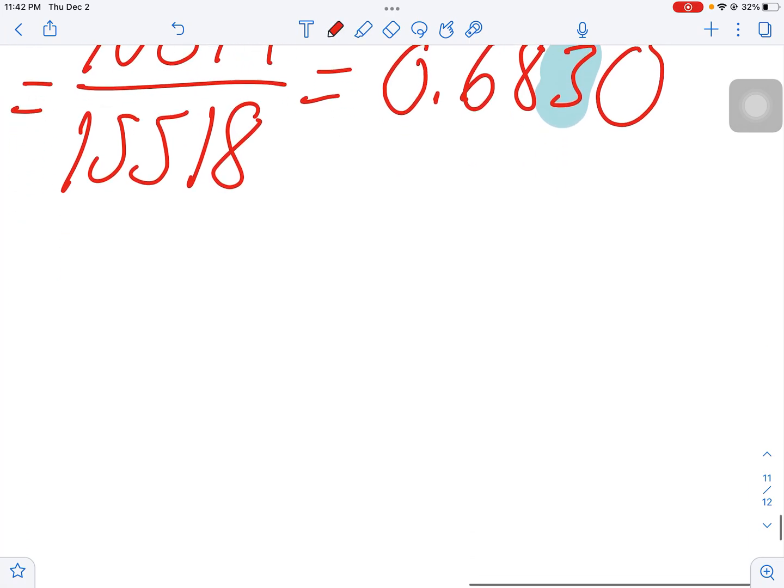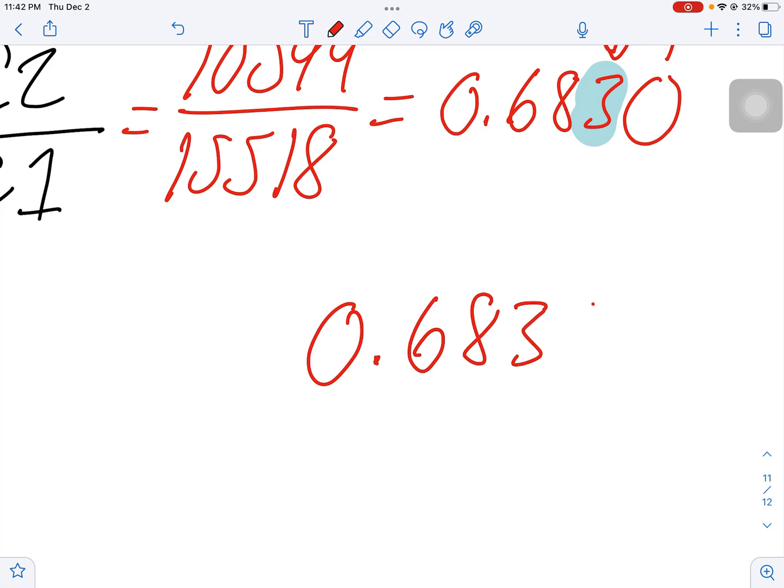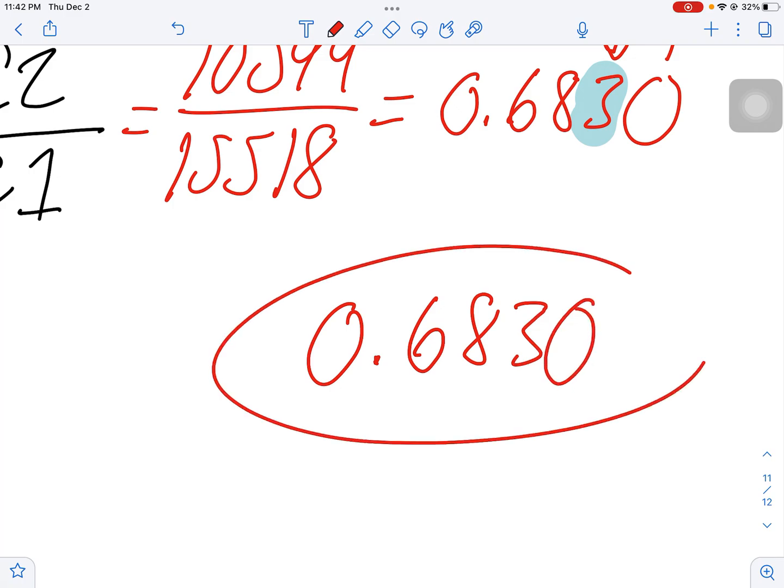The 0 is going to tell the 3 to let it rest. 4 or less, let it rest. So our solution is 0.6830.